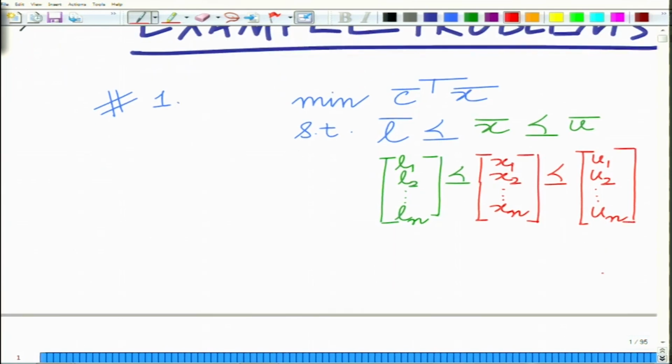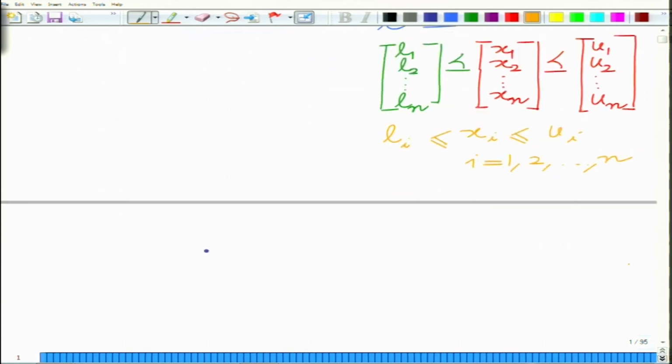That means each li has to be less than or equal to xi, which has to be less than or equal to ui. This is a single scalar quantity, so this is just your normal inequality, and this has to hold for all i equals 1 to n. This is also known as box constraints.